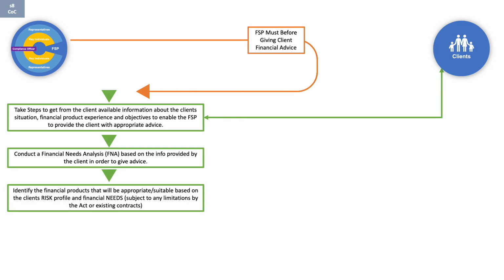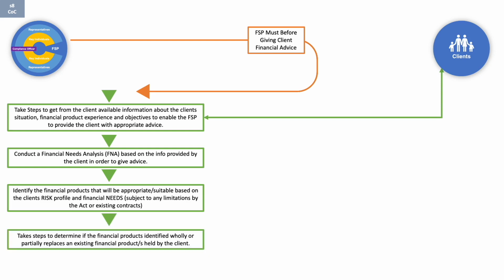This will, however, be subject to any limitations by the Act or existing contracts. Once the FSP has identified financial products, the FSP must then take steps to determine if the financial products identified wholly or partially replace an existing financial product or products held by the client.